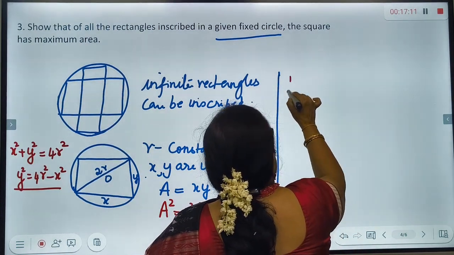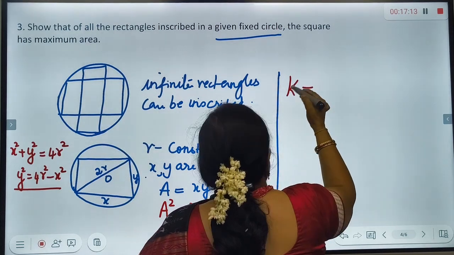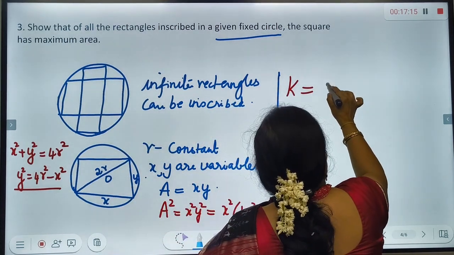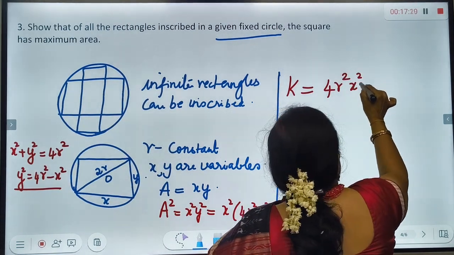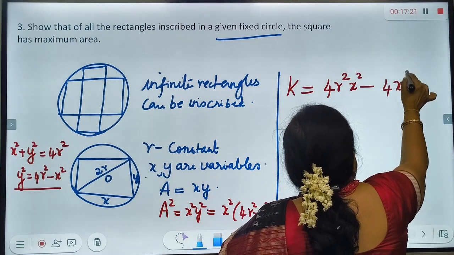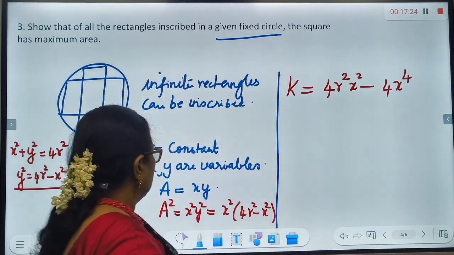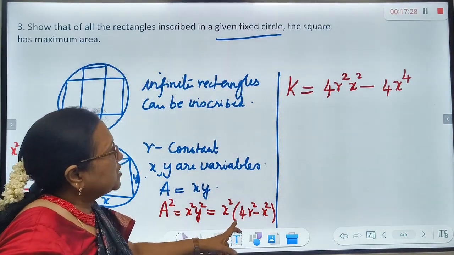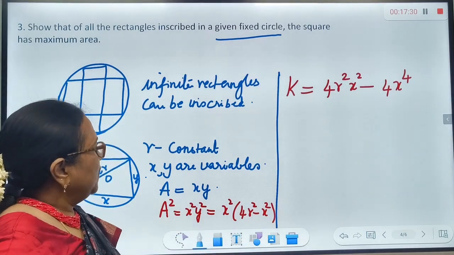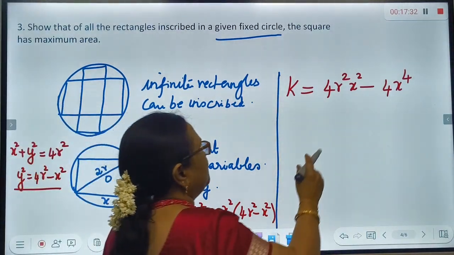So A square, I am going to call it k, equal to 4r square x square minus x power 4.